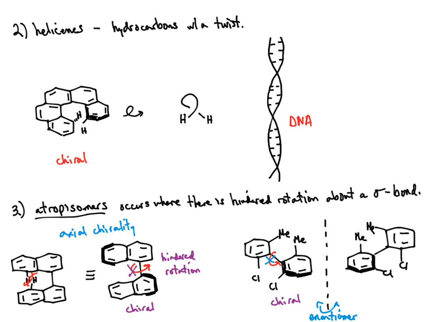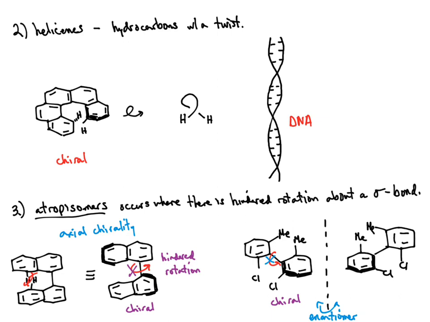And so these two molecules are enantiomers. They are non-superimposable mirror images of one another, and so therefore they are chiral. And so the best way to determine whether or not a molecule will rotate plane polarized light is to determine whether or not it possesses a non-superimposable mirror image. If it does, the molecule will be chiral, and it will be able to rotate plane polarized light.